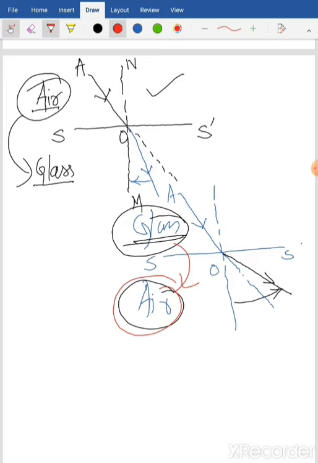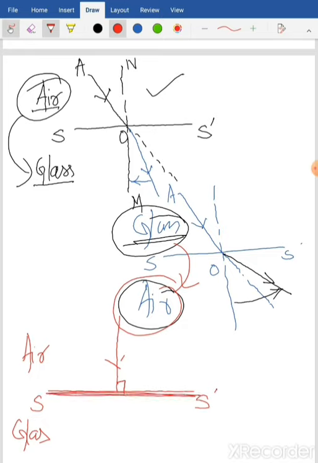Now the third condition we can see is this. If I have the surface S dash which is separating the two media, let me take the media again as air and glass. If the ray of light is normal, making 90 degrees to the surface which is separating the two media, then it passes into the second medium without changing its direction.